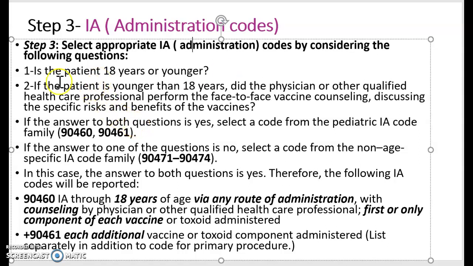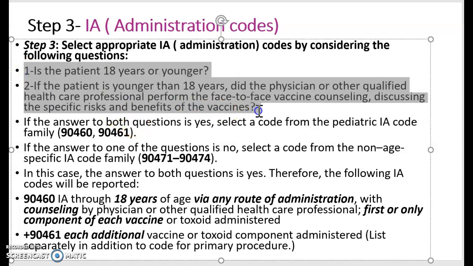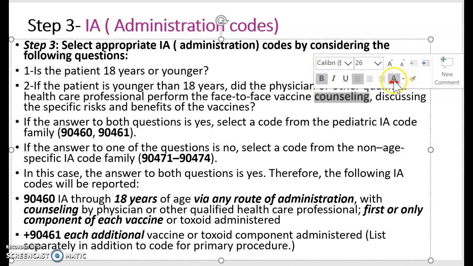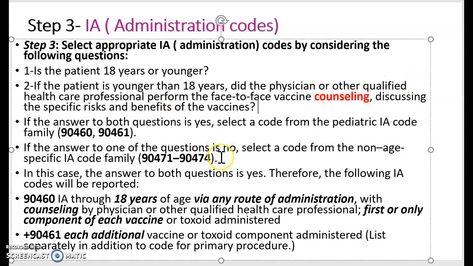This is a really important two questions that I want you to read. Remember, in this scenario, sometimes there's an additional code that we can add according to patient counseling. So counseling is a very important word here, and that will change your codes from 90460 to 90461 and from 90471 to 90474.